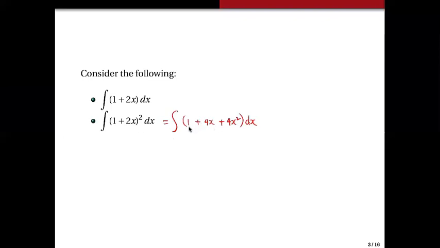And then we can just do the integration. If we integrate this, we will have x plus 4x squared over 2 plus 4x cubed over 3 plus the arbitrary constant c. And this is just x plus 2x squared plus 4/3 x cubed plus c. And this is our answer.